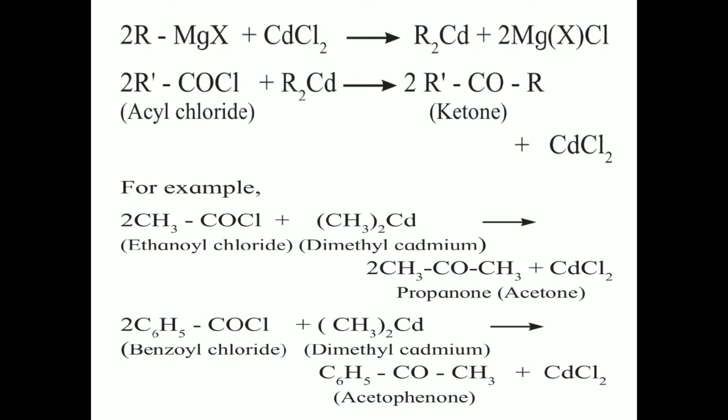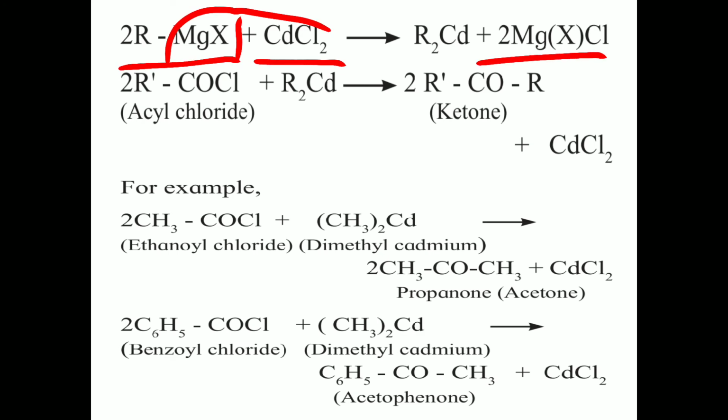Now let us study how this reaction takes place. When RMgX, that means Grignard reagent, undergoes reaction with cadmium chloride, that is CdCl2, the magnesium halide reacts with the chloride group, and we get twice MgXCl, and the remaining is R2Cd, that means dialkyl cadmium.